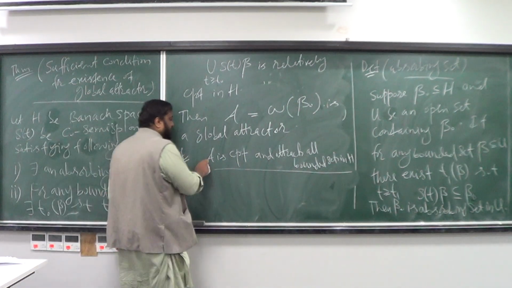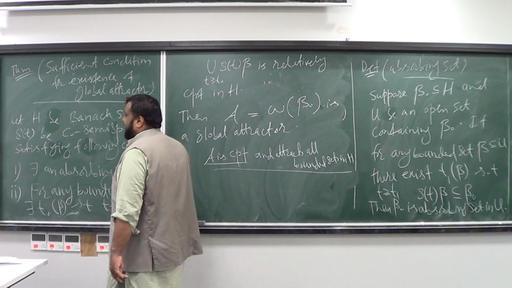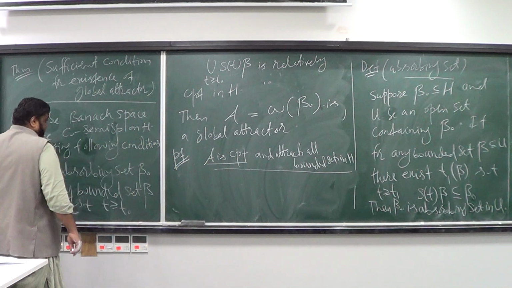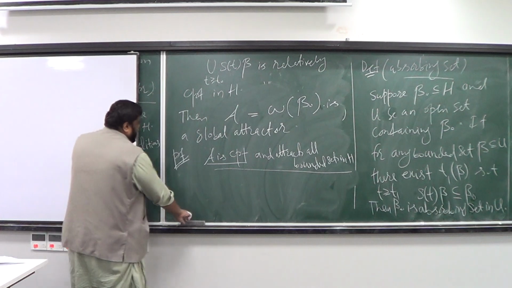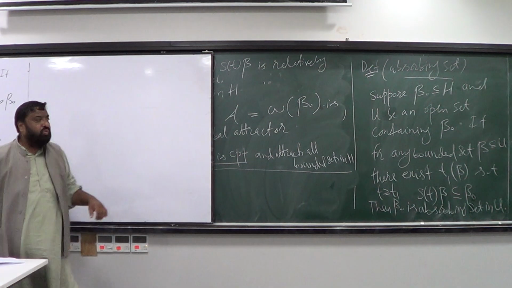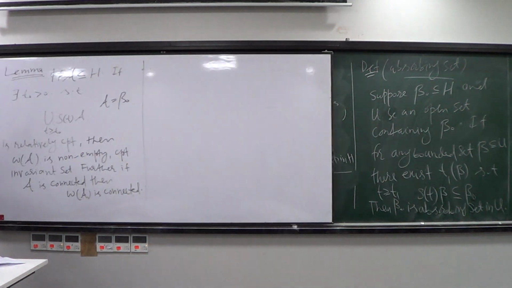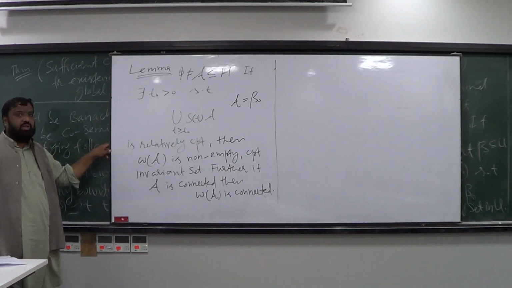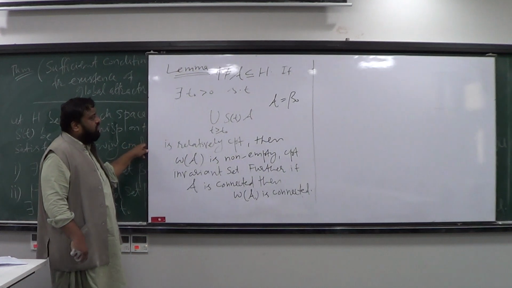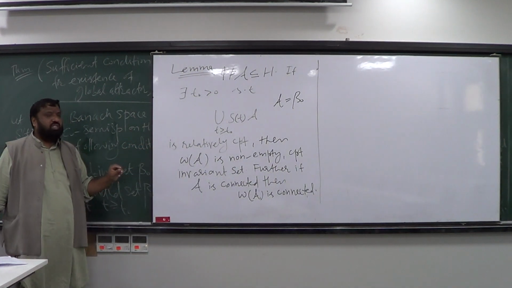I'm saying this is the condition that you already have. Why? Let's recall a lemma that we proved when we were talking about the first category problem, or the theory of the omega limit set. So we proved this result.